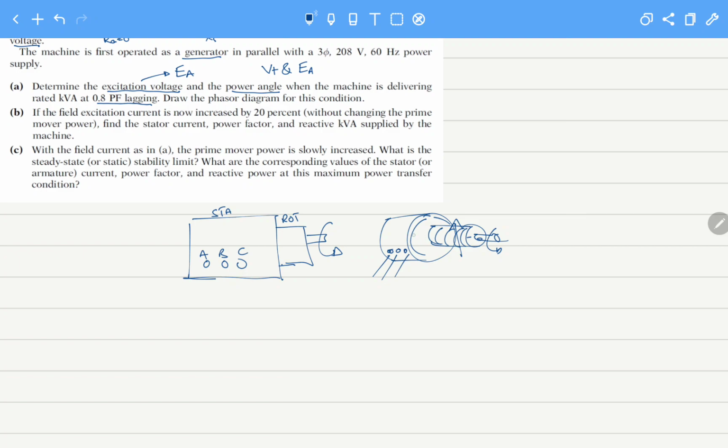So the voltage that will be induced in the winding inside the machine is EA, and the voltage that is at the terminal is V terminal.